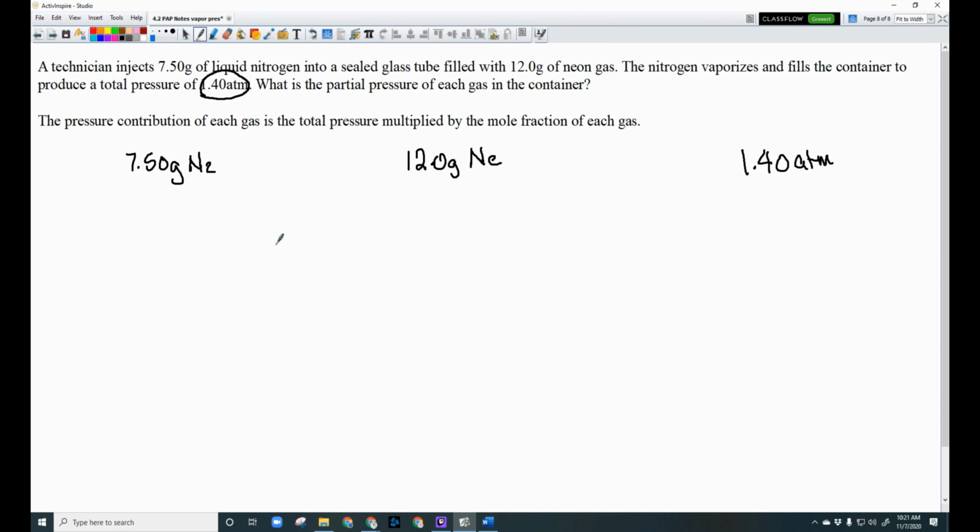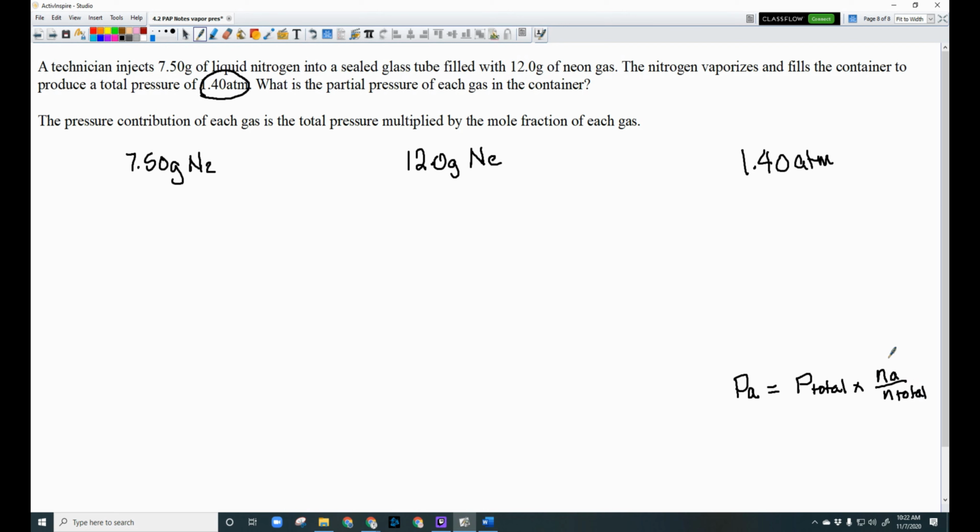So if we use the formula that we had, which is the partial pressure of gas A is equal to the total pressure times the mole fraction, so it's going to be nA over n total, then we can get the pressure of each gas.